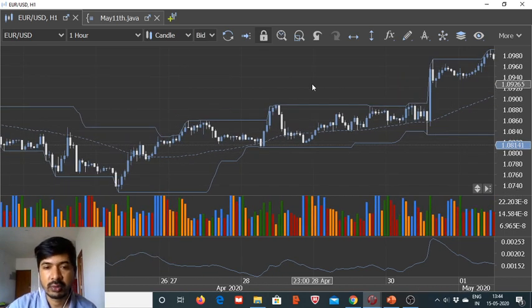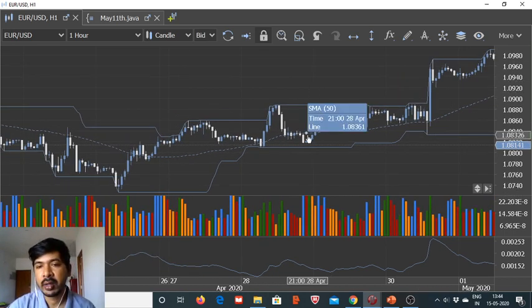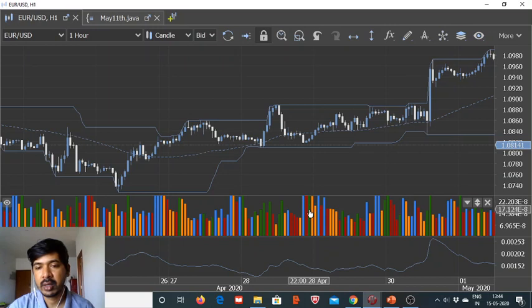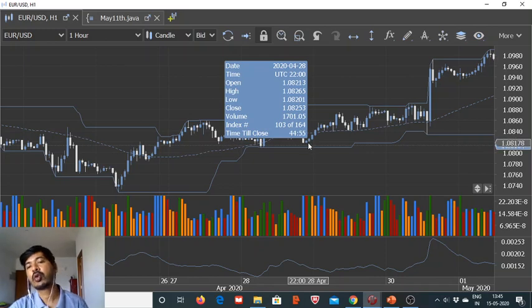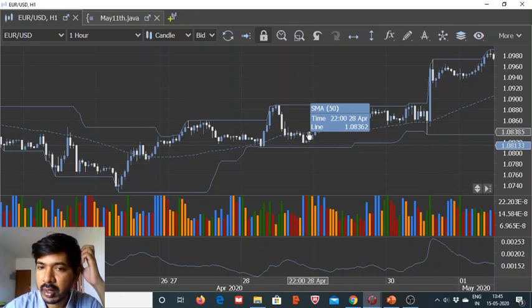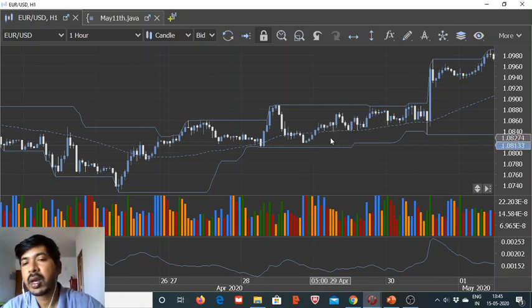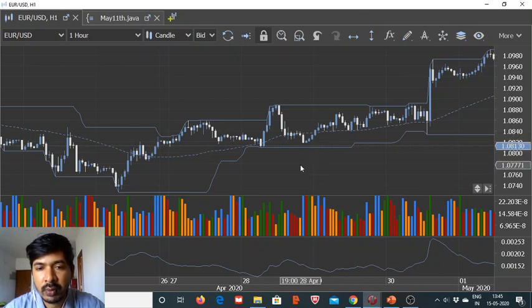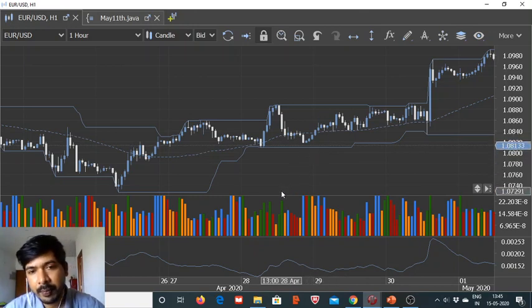The setup which we are working on, and even if we go back in time here, 22 GMT, the 22 GMT is this, and here the candle closing is less than the SMA. So again, no trade will happen here as well. So that's how we are going to work with our setup.